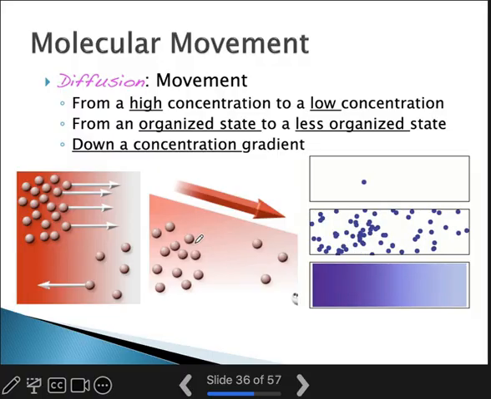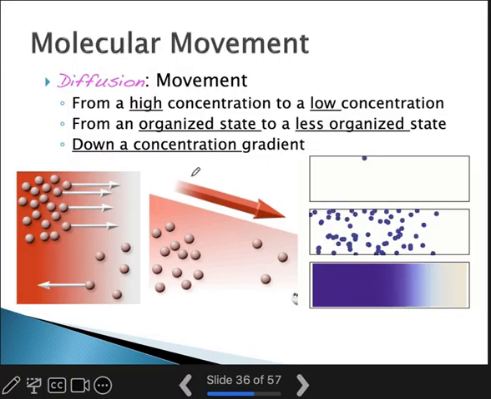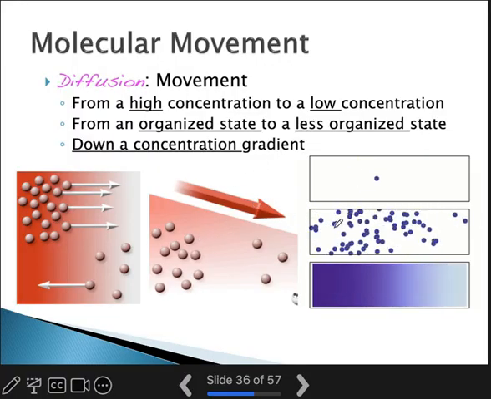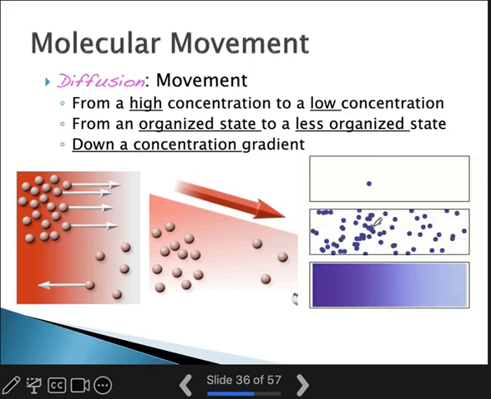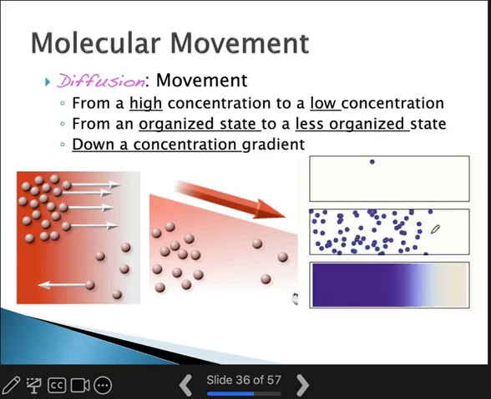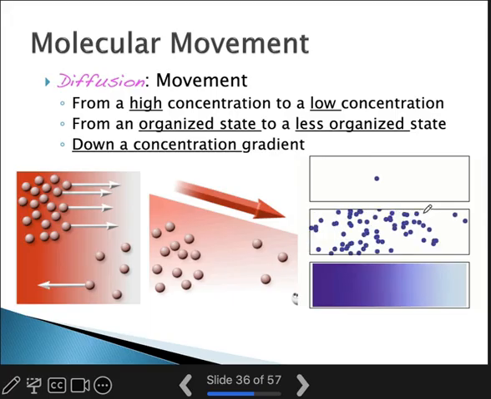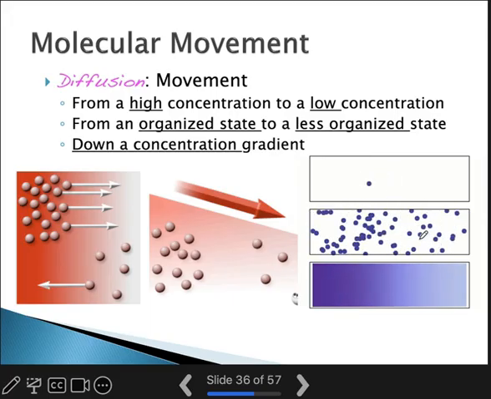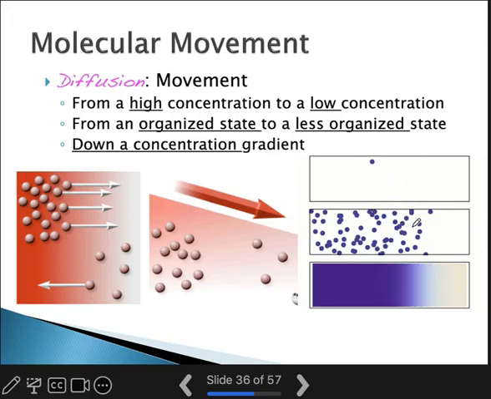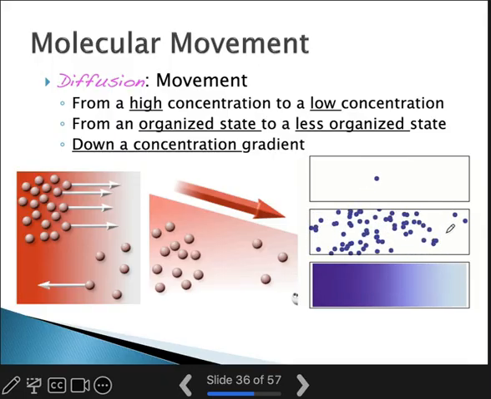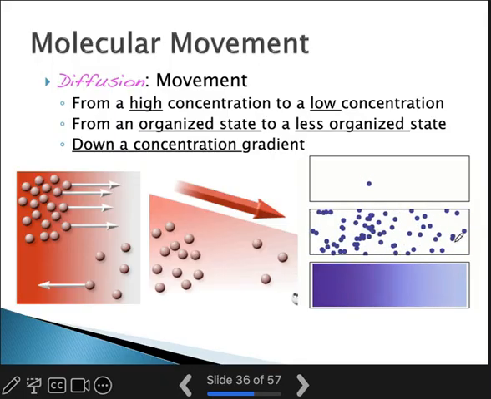They're going to move from an organized to a less organized state, or down a concentration gradient. So if we're looking at these particles over time, they're going to move so that they're evenly distributed. When I have them starting off on the one side, wait till this GIF starts again, this is organized. If given enough time, they move across, they become disorganized.